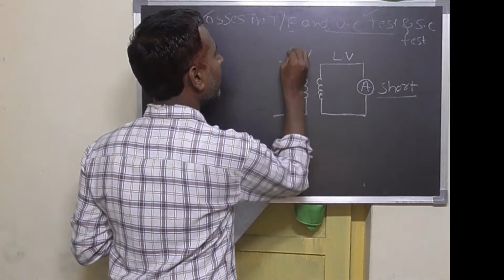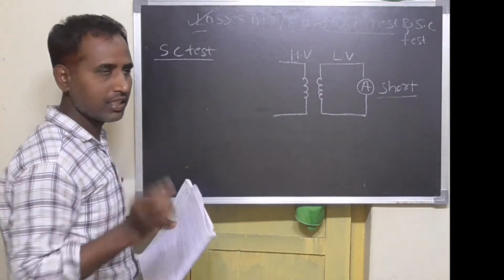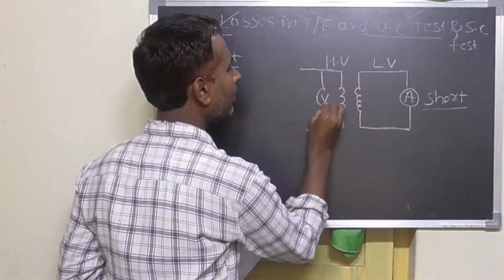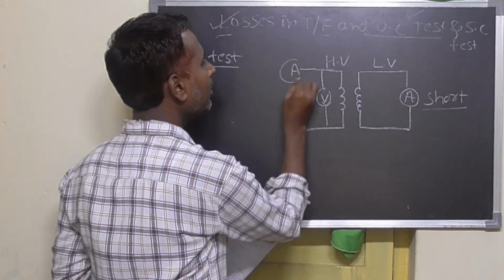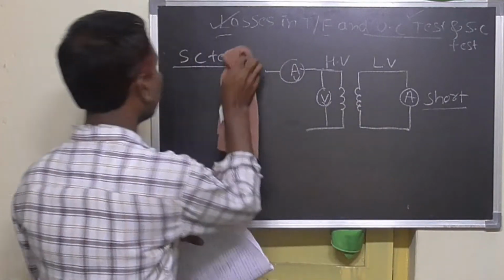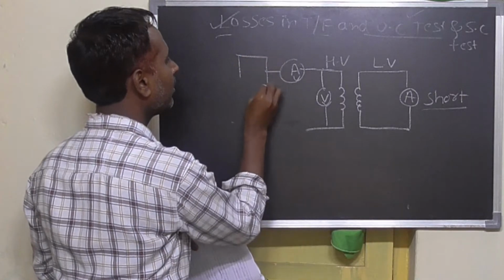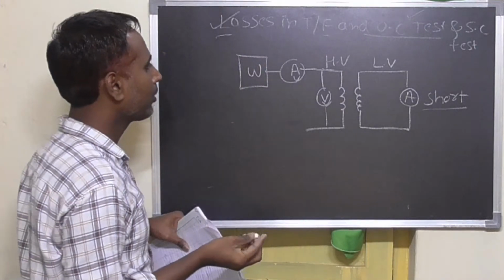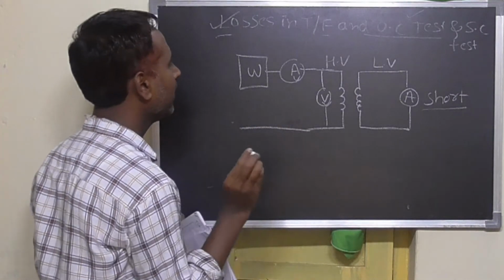Here I am performing the short circuit test. As usual, for this I took an AC voltmeter to measure the voltage, an AC ammeter to measure the current. Next, I took a wattmeter to measure the copper losses. Here an important point is there.